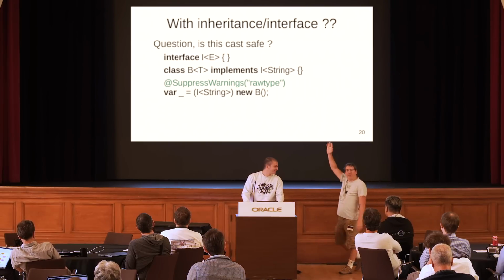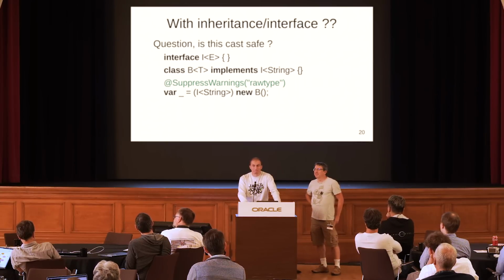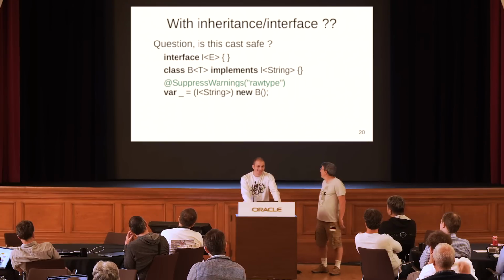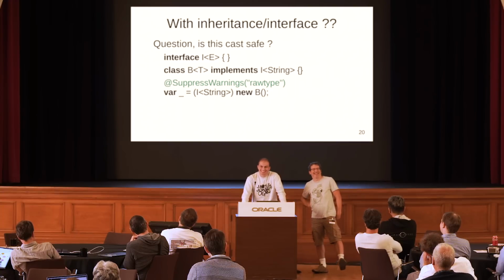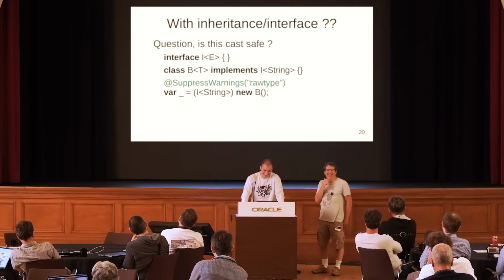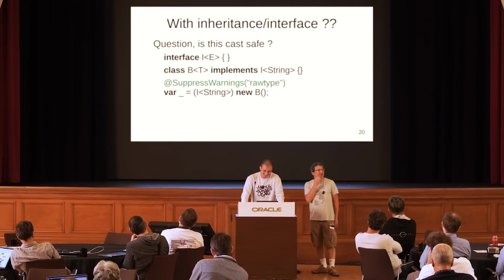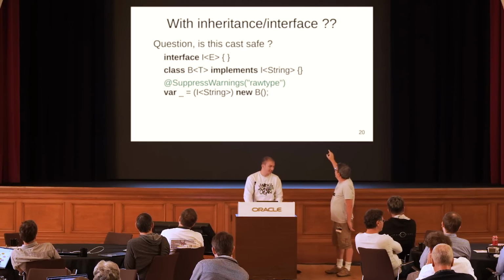By raising your hands, who thinks this cast is safe? Okay, not a lot. Who thinks this cast is not safe? Okay, so it seems you have no idea if a cast is safe or not. I mean, it's only one line of code.